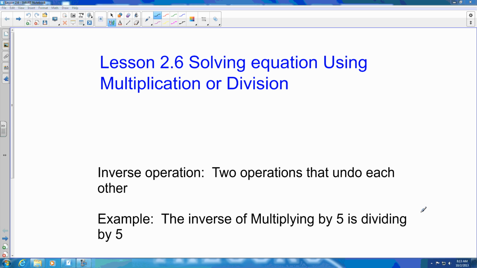As we recall, a coefficient is a number that is attached to the variable. So we have to do the inverse operation again in order to meet our goal, which is to get the variable by itself on one side of the equal sign.